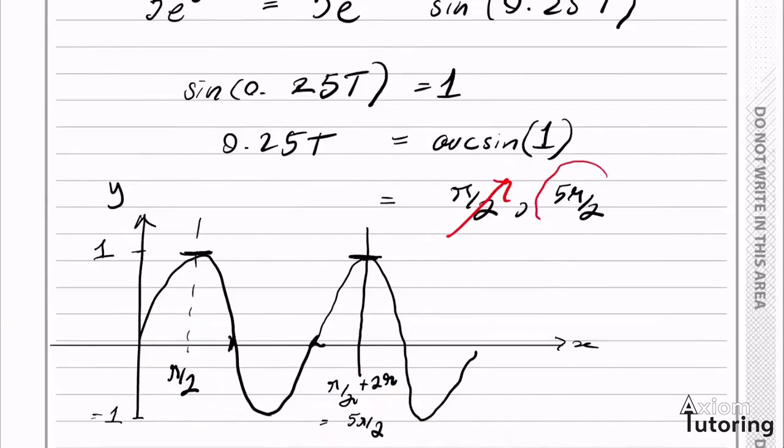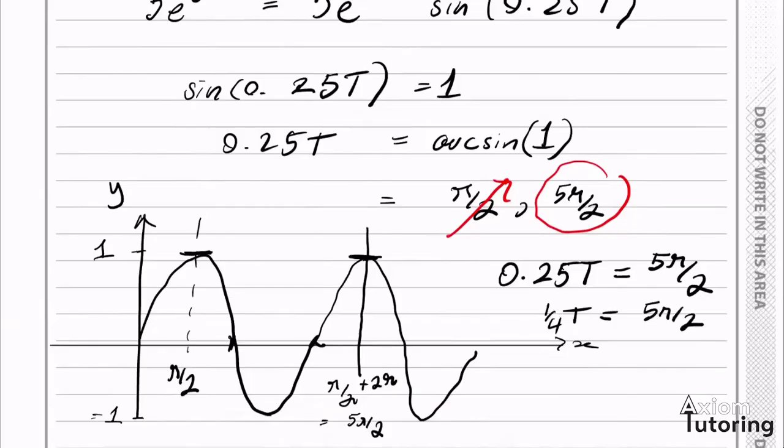What we care about is the second time we reach the maximum height. So what we're really solving is 0.25 t equals 5 pi over 2. Therefore, t is 5 pi over 2 divided by 0.25, or you can think of it as multiplying through by 4, because of course 0.25 is also a quarter, so a quarter t is 5 pi over 2.